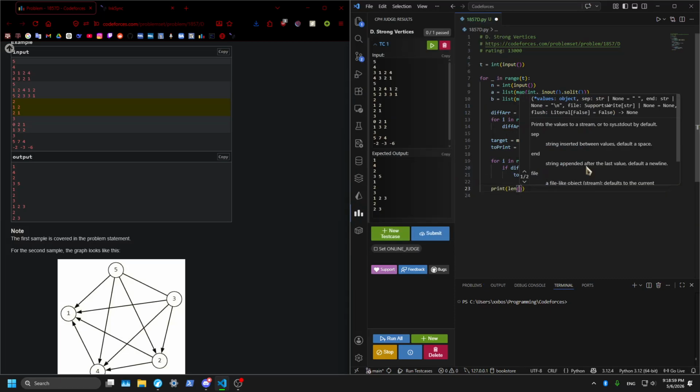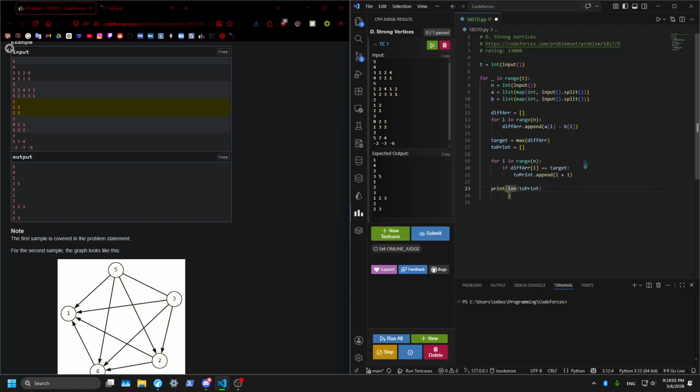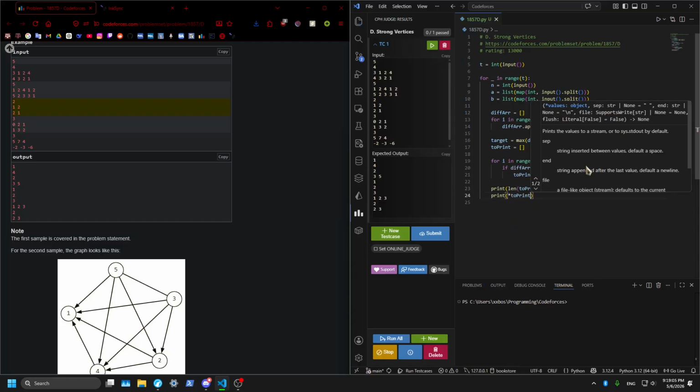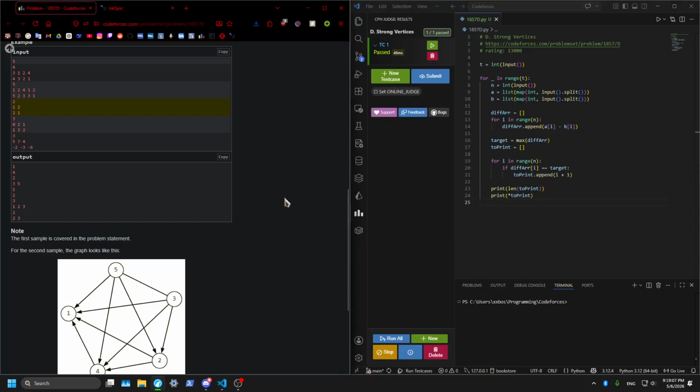Print len to print, star to print. There we go.